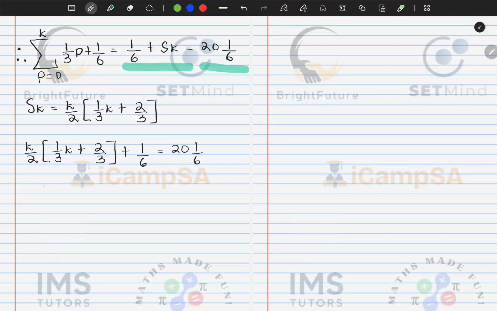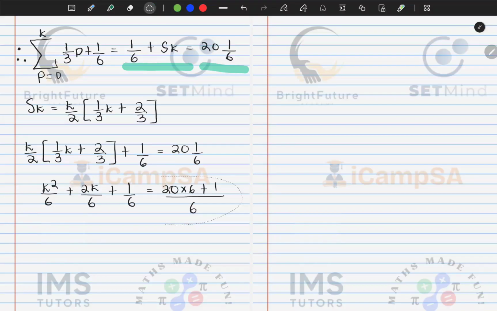We are going to have k squared divided by 6, and then plus 2k divided by 6. I'm going to make a common denominator shortly, and then plus 1 over 6, and this is 1 over 6. So if you remember how this works, it's 20 times 6 plus 1, all divided by 6.